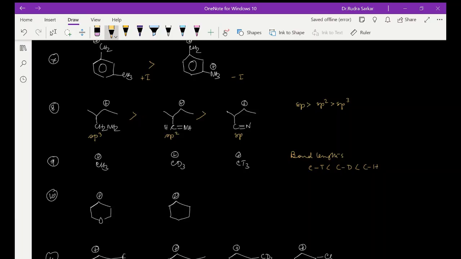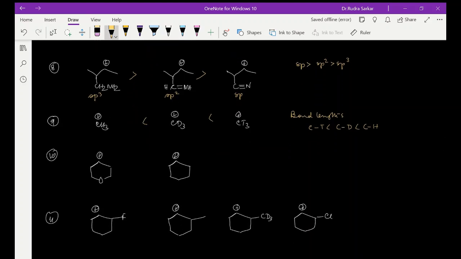Now the shorter the bond, the more will be its electron density in a small area. That means its donation power is more. So when carbon is attached to tritium, it is more stable than when it is attached to deuterium, which will be again more stable than when it is attached to hydrogen. So the stability order will be CT3 greater than CD3 greater than CH3.